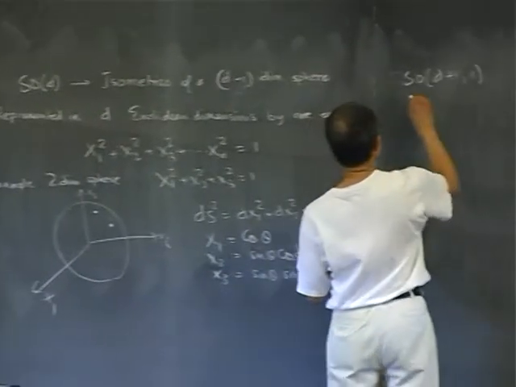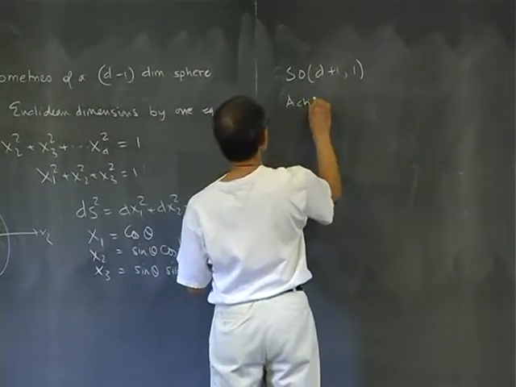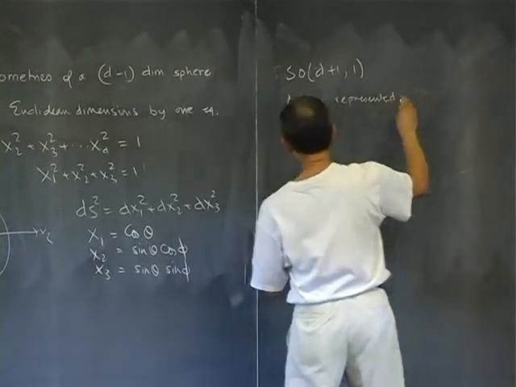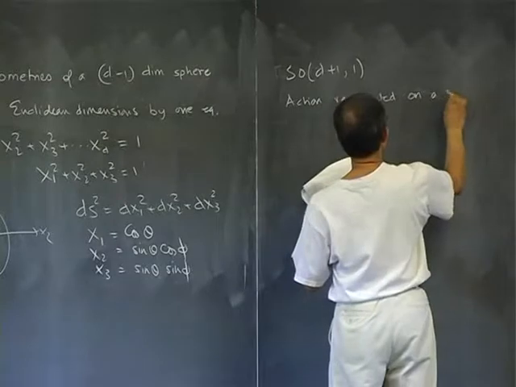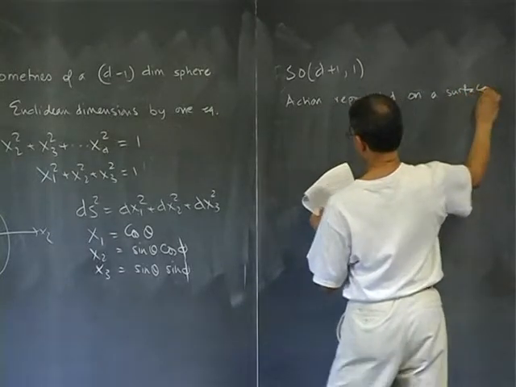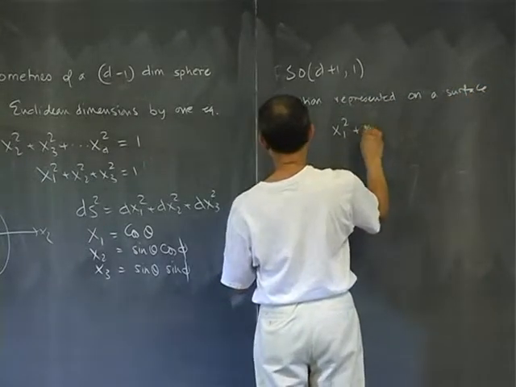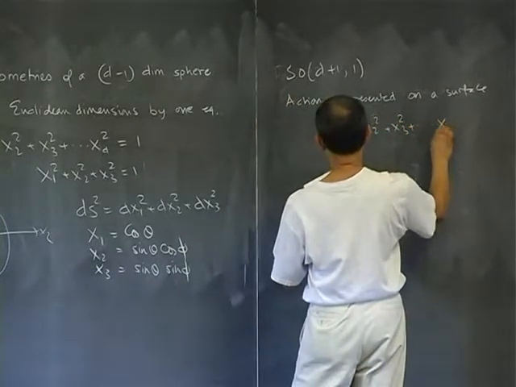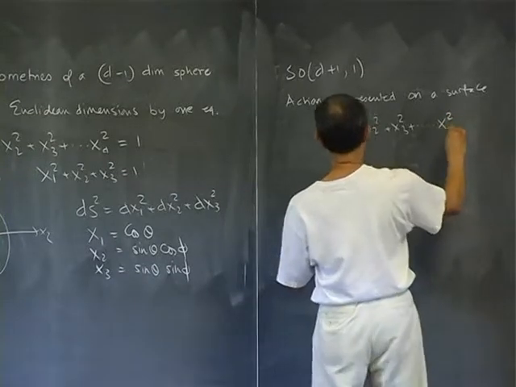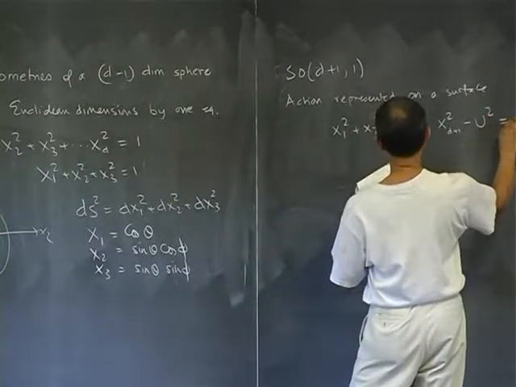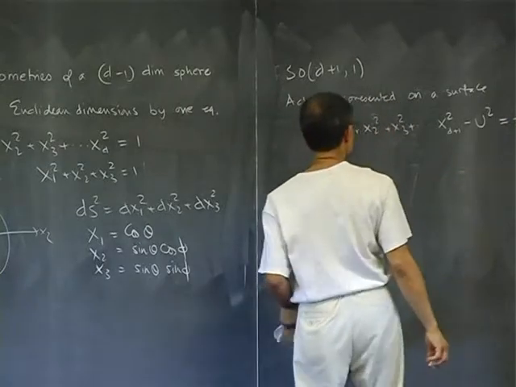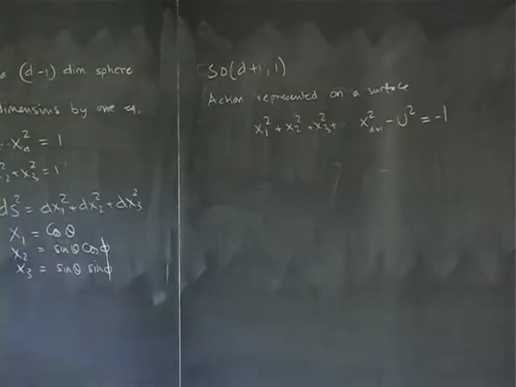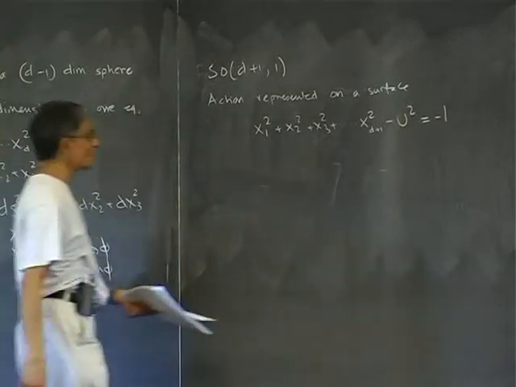The action is represented on a surface which is given by the equation x1 square plus x2 square plus and so on, minus u square equal to minus 1. Whether it's a plus 1 or a minus 1 doesn't quite make a difference. I'll just tell you one of the cases where this can be done.